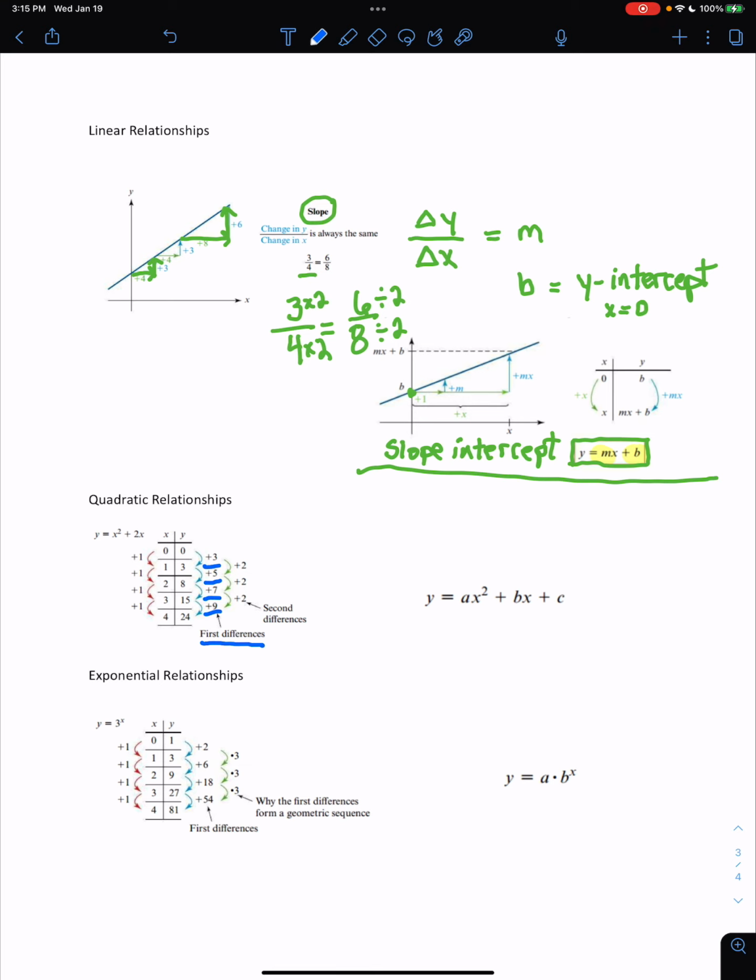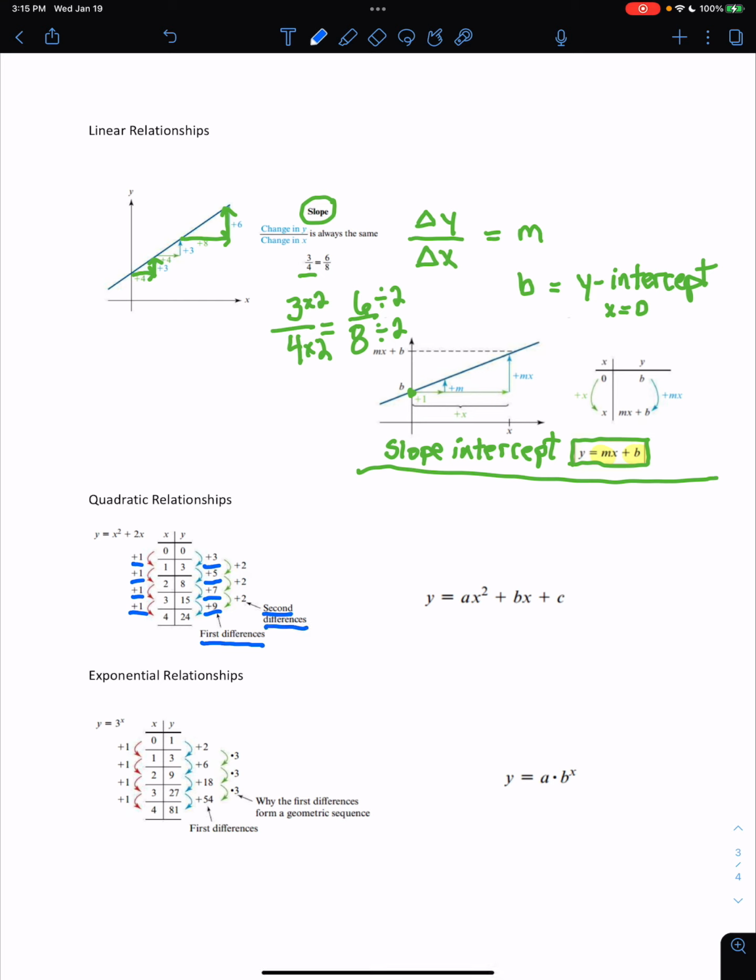So we know we don't have a linear relationship, right? Because we have consistent changes in our x, we have different changes in our y, so we definitely don't have a linear relationship.